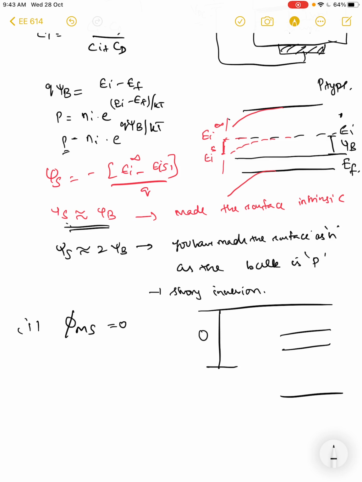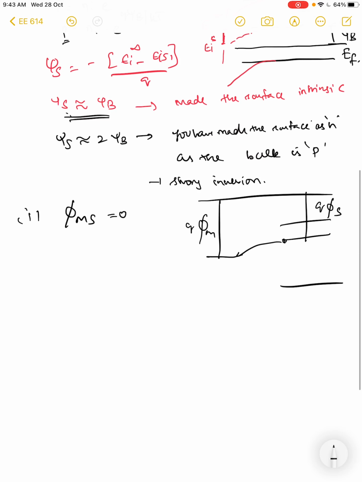So this is Q psi m, and this is Q psi s. So psi ms is q psi m minus q psi s, and we know that when these join, you will have electrons moving from here to here. So basically the bands will bend in this particular fashion.